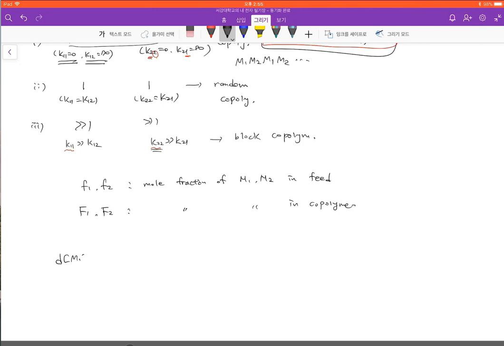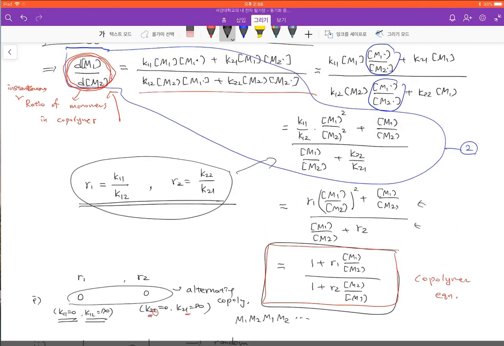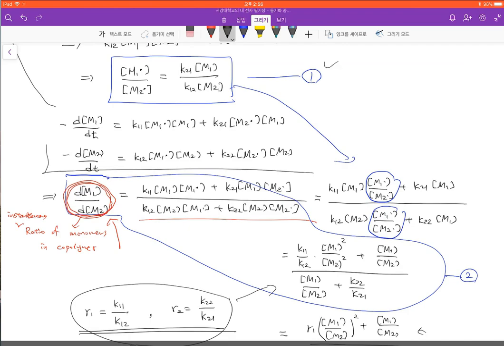So basically, the copolymer equation that we obtained here, dm1 over dm2, the relative copolymer composition of each monomer, is basically F1 over F2, right? And the ratio of monomer concentrations is actually the same as f1 over f2.